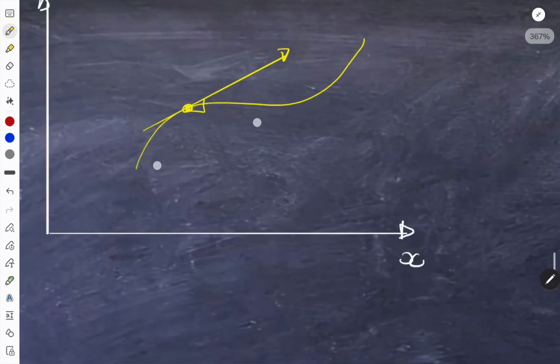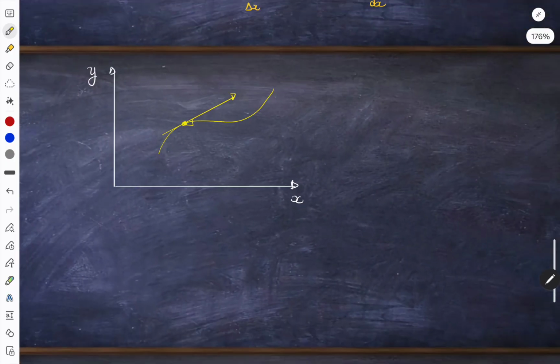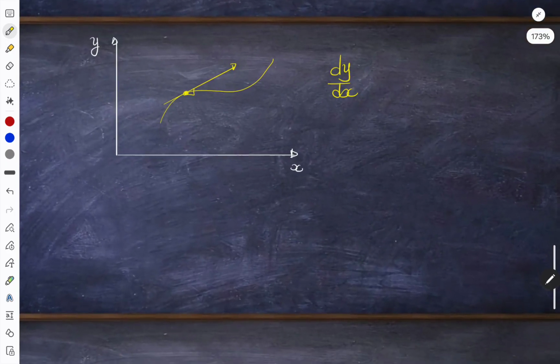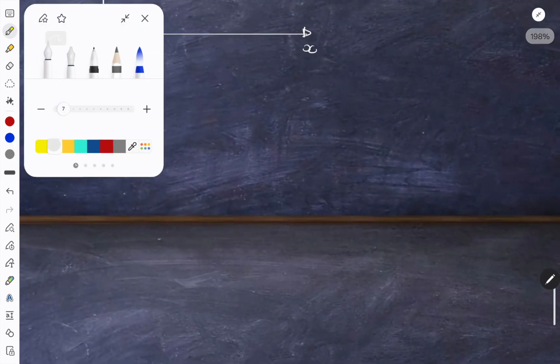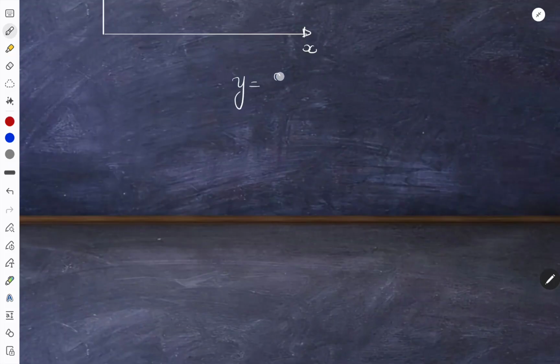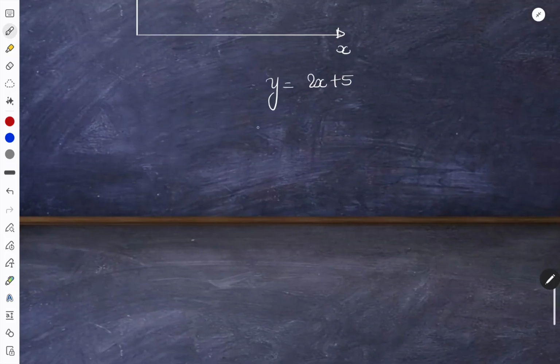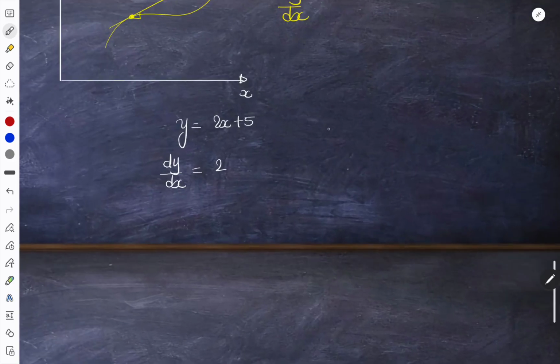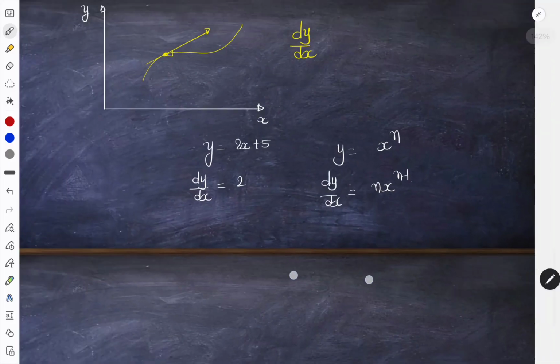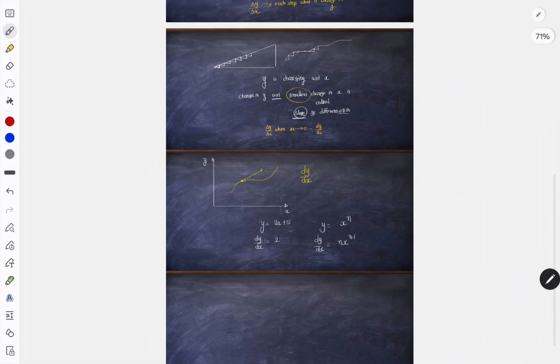This is the smallest possible slope, called dy by dx. Instead of going into this much detail, we'll just focus on this part. If y is 2x plus 5, then dy by dx is 2. We also have the formula: if y is x raised to n, then dy by dx is n x raised to n minus 1.